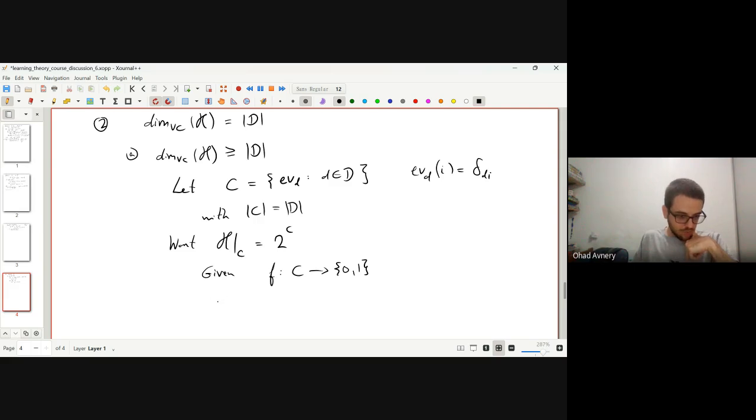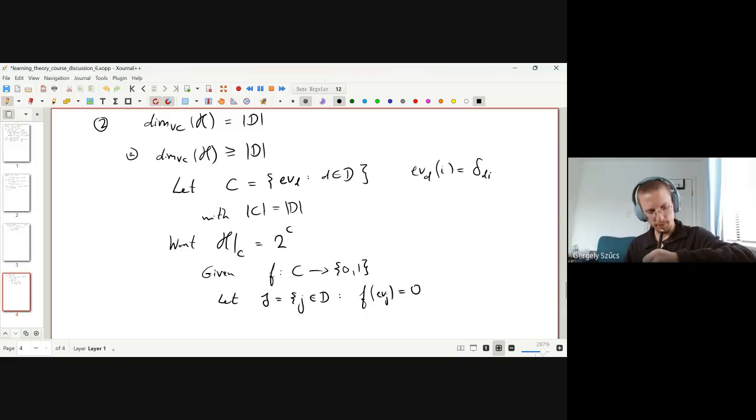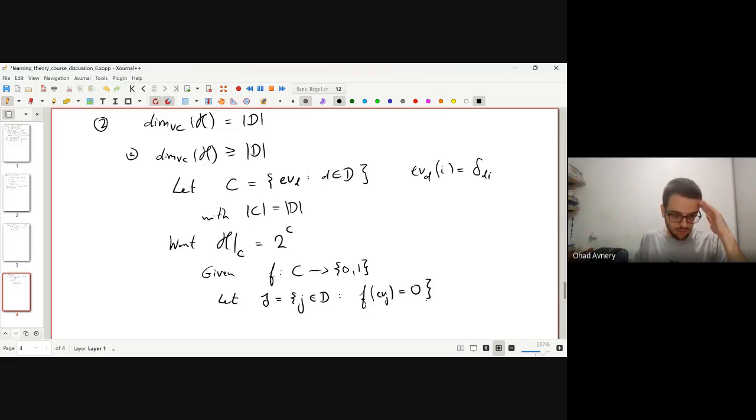So given this f, I define J to be all indices j such that f of e_j is false, or e_j in this notation. And I define the conjunction to be phi equals the conjunction of not x_j for all such j.